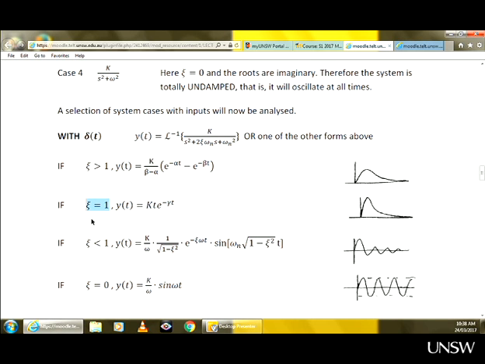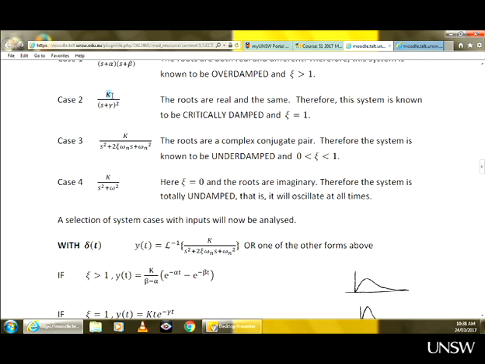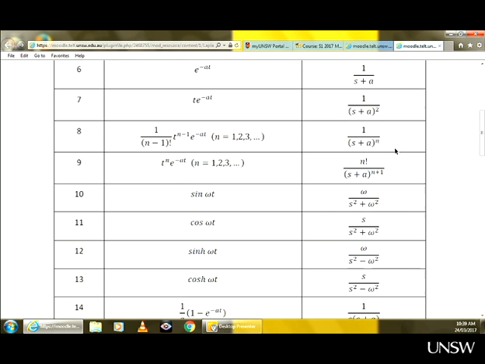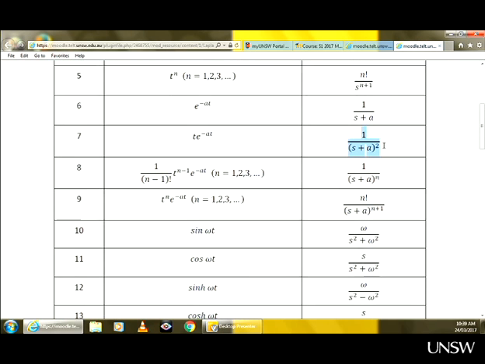A critically damped system, an impulse input. Okay. So this transfer function times 1, it is case 7. T times e to the minus at.